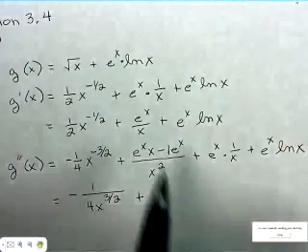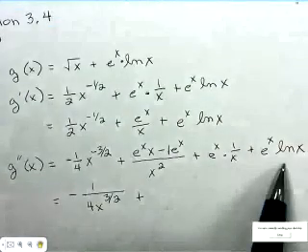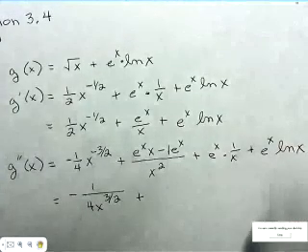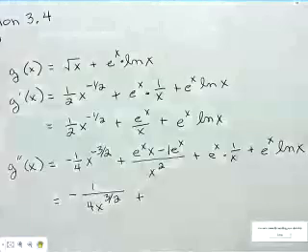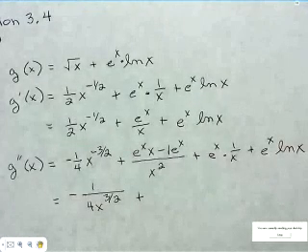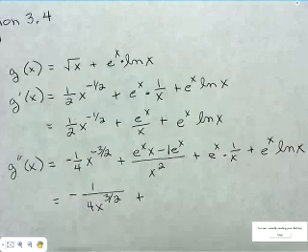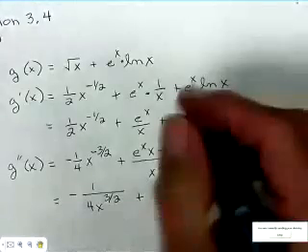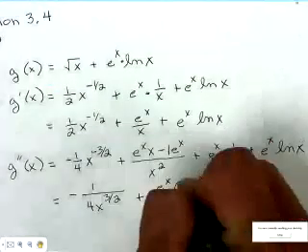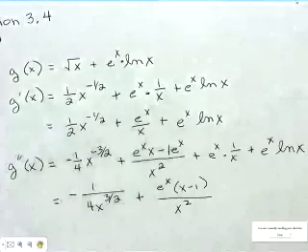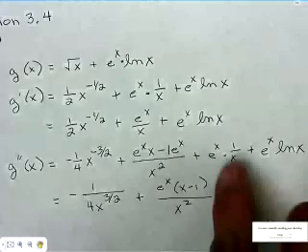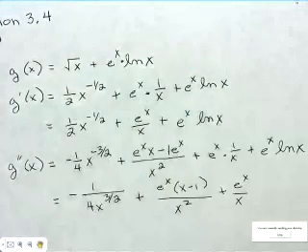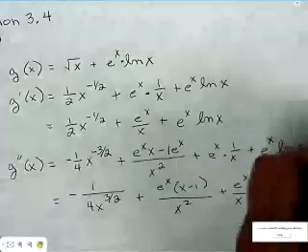I could factor out an e to the x from all three of those terms, but I don't know that that's going to help me. If I just factor an e to the x out of the numerator of this term, that leaves me x minus 1. Third term, I can write that as e to the x over x. Fourth term, not much I can do to it.